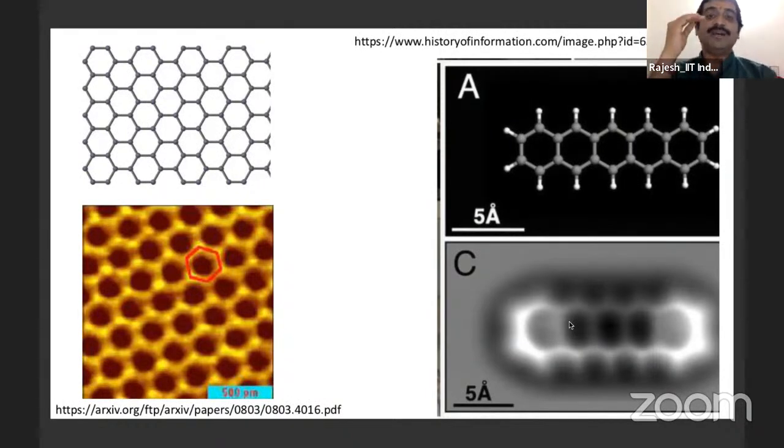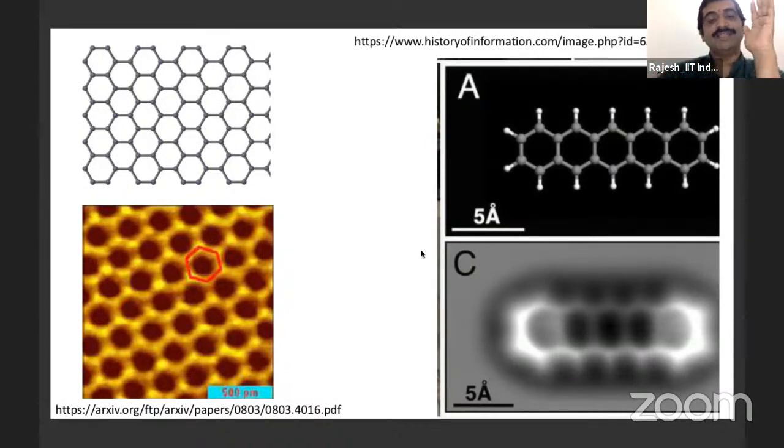Then we came to the atomic force microscope, where there was a probe and the surface, and we measured the force. Since the force between the surface and the probe depends on the distance, we could know the roughness of the material and make an image. That was the atomic force microscope. For further better resolution, if you want to see where the nucleus is, where the current is, where the atoms are, to see the atomic arrangement, we can see that using the scanning tunneling microscope.